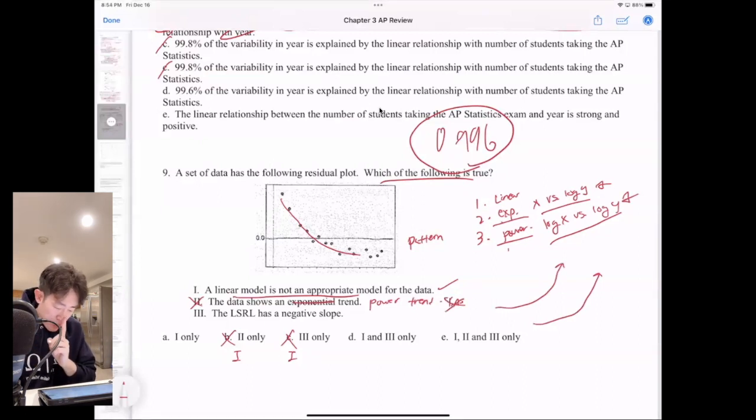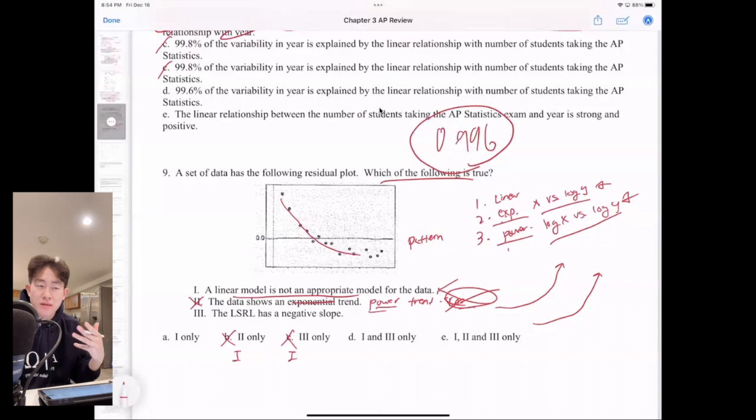We just established that. But the main idea here is that it's either going to be exponential or power, and you can never really distinguish between the two unless we have a little bit more info as to what the regular scatter plot looks like. So 2 is just too far-fetched, and we're going to eliminate E because of that reason.